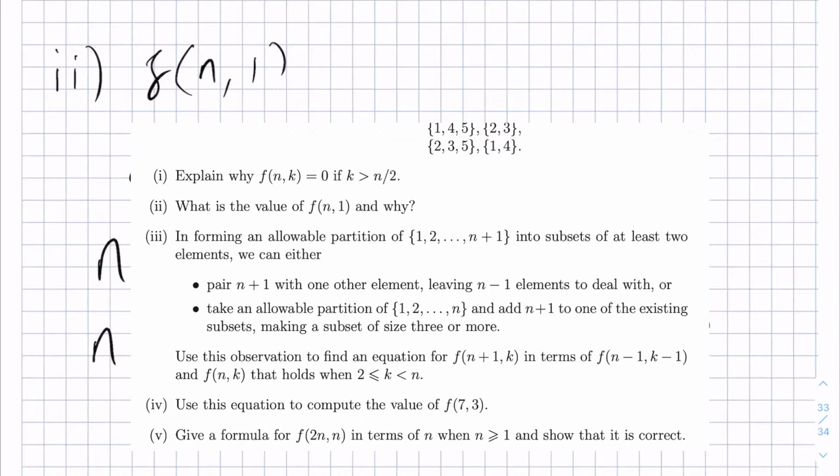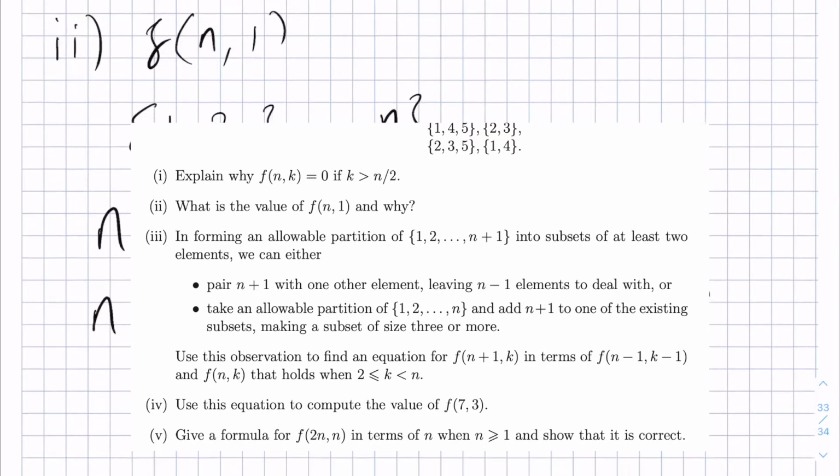Use this observation to find an equation for f of n plus 1,k in terms of f of n minus 1,k minus 1 and f of n,k that holds when 2 is less than or equal to k, which is strictly less than n.